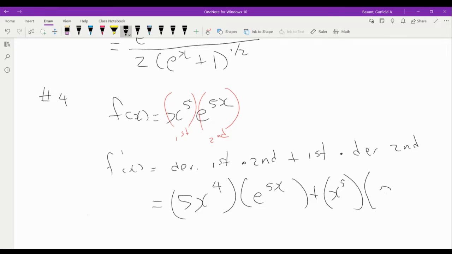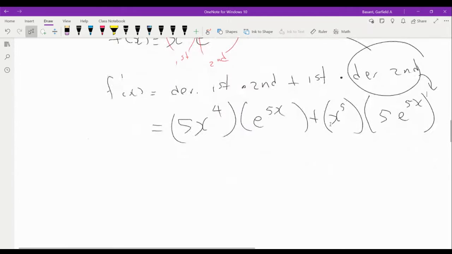That's correct. This is 5e to the 5x. That's the derivative of this piece. So that's the product rule. You guys cannot forget these rules for the rest of the semester.